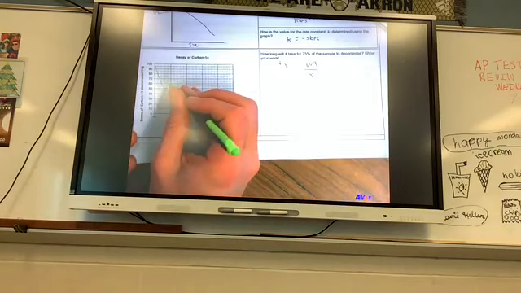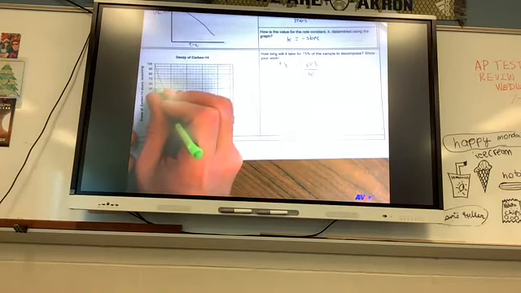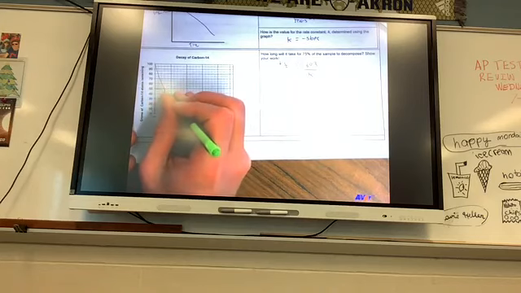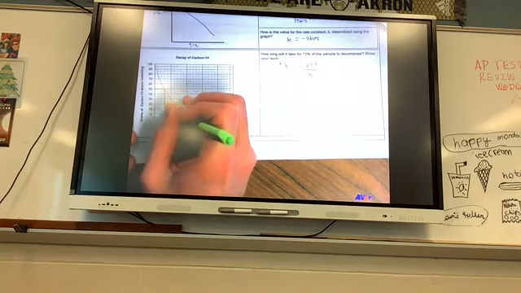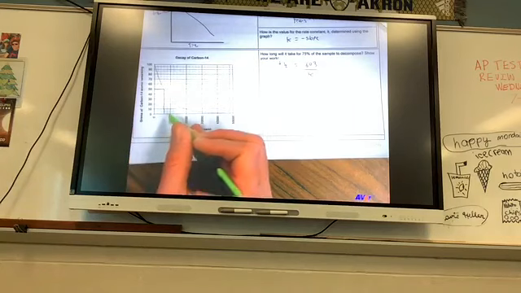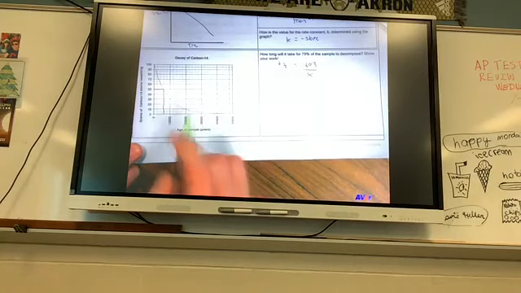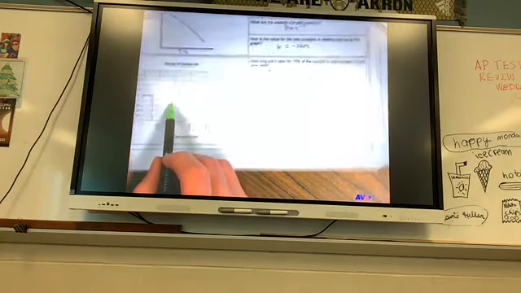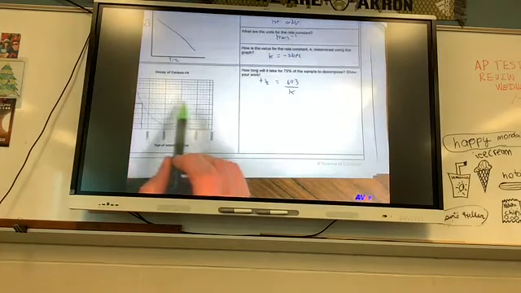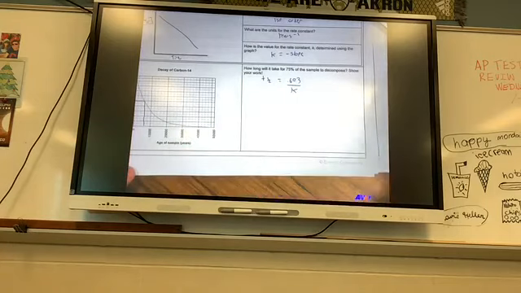I have 50% left. About here. So if I follow that down, this is what? 10,000? So am I looking at the right graph?